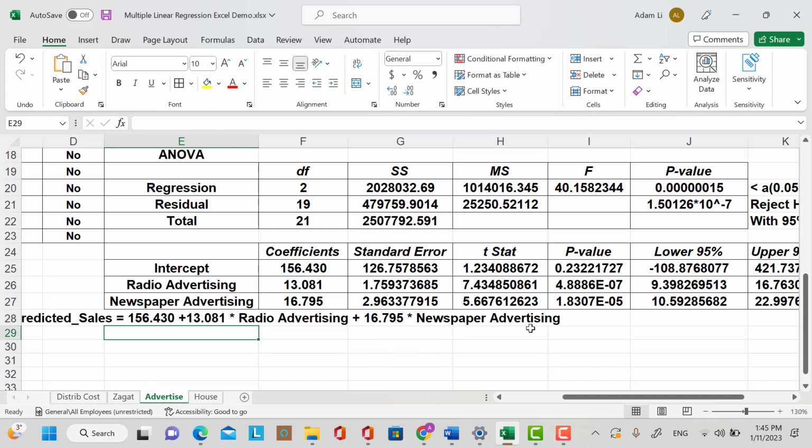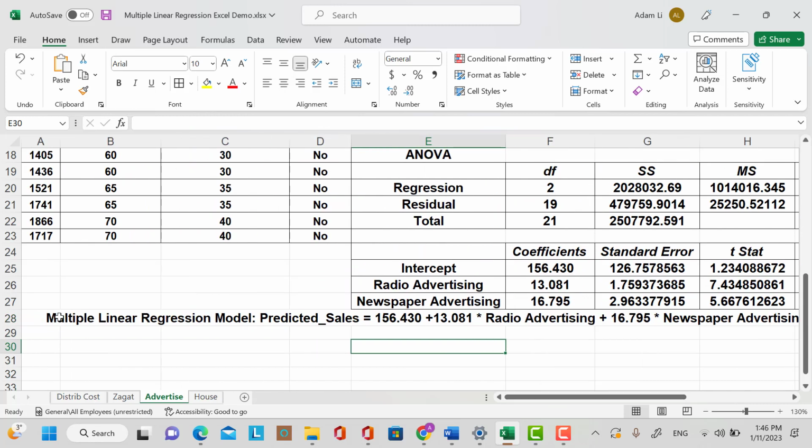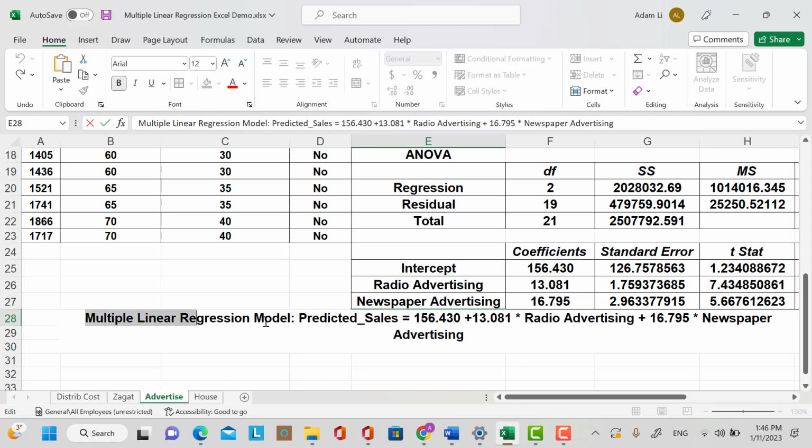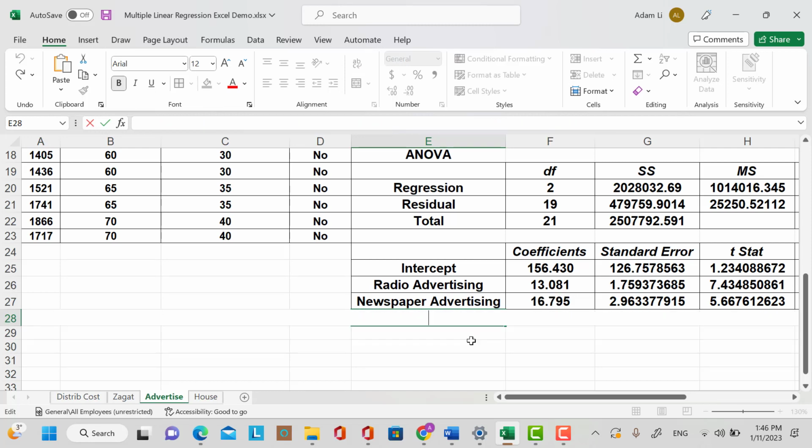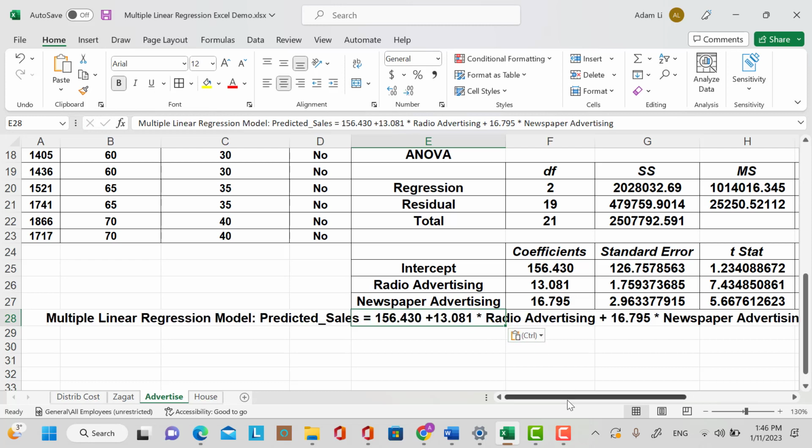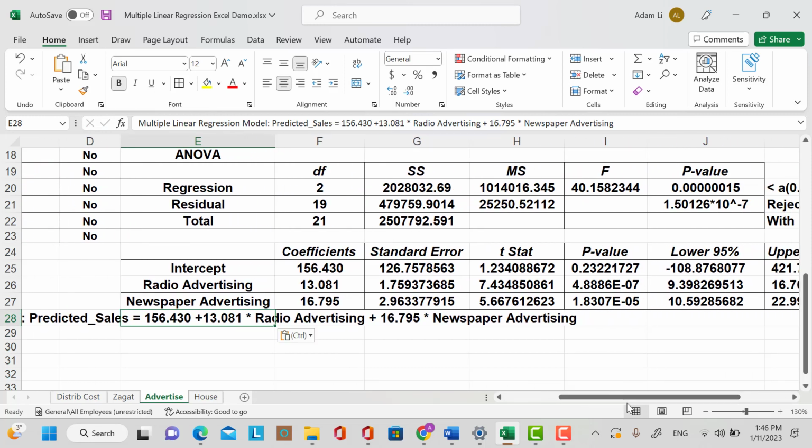Okay, so that's our overall model. And we're also going to look into each individual independent variable in a second. So we get that one done.